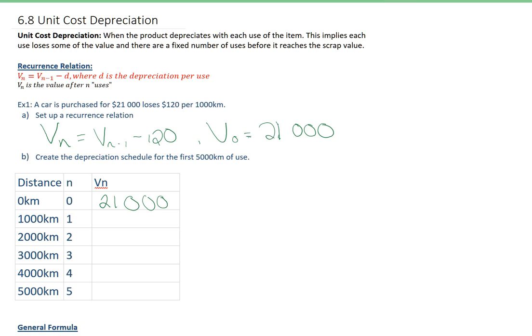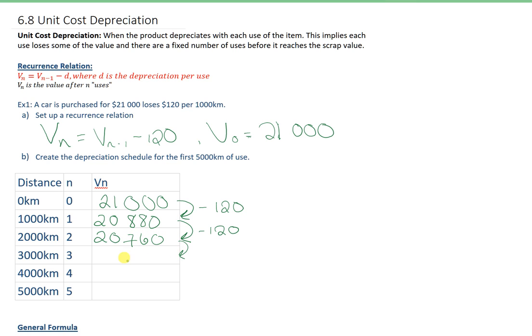Drive off the lot, do a little bit of driving. To get to the next value, I subtract 120. Okay, so that's going to give me $20,880. I then drive another 1,000 kilometers, so subtract another $120. So I get $20,760.